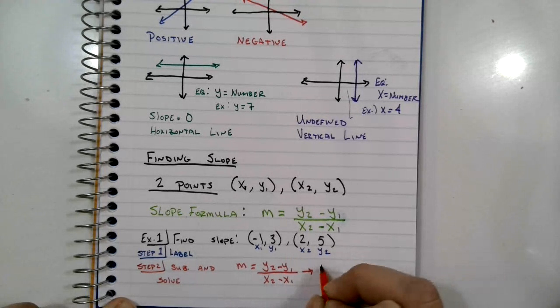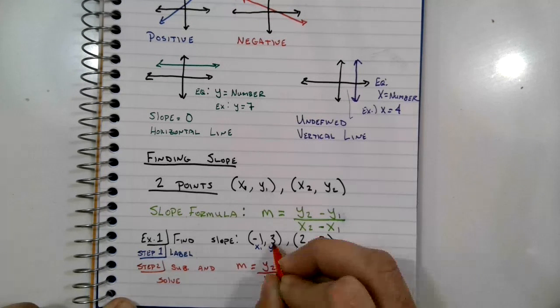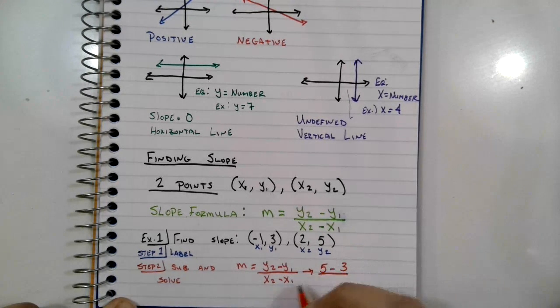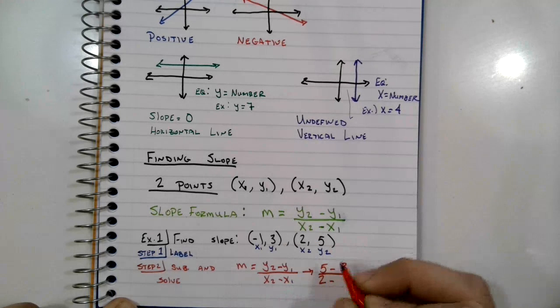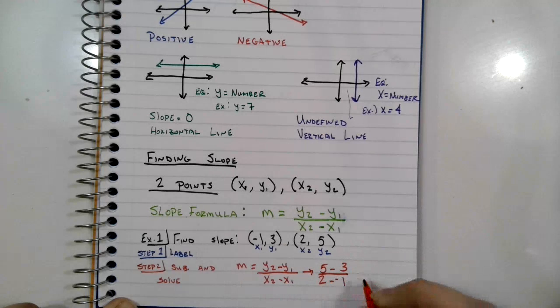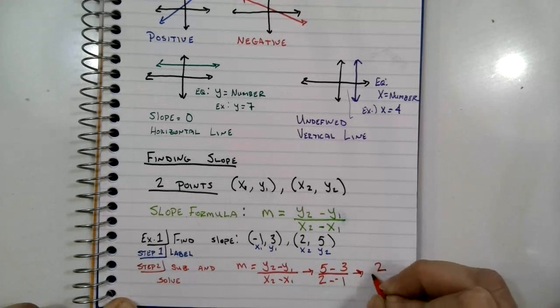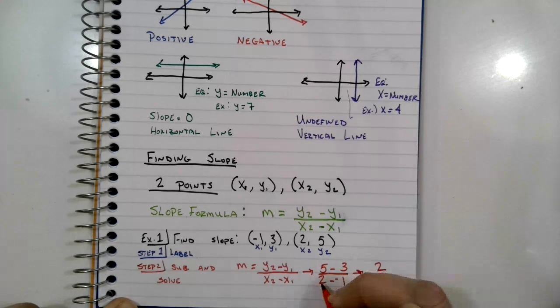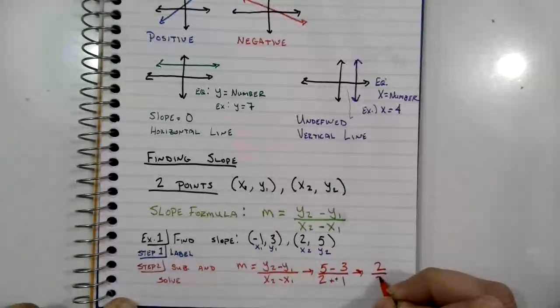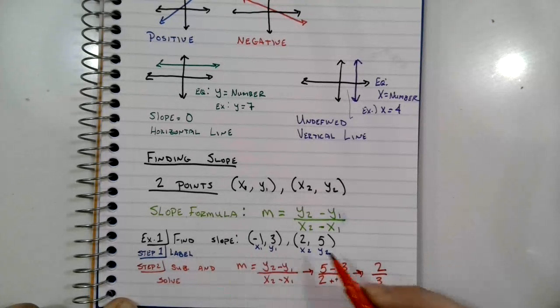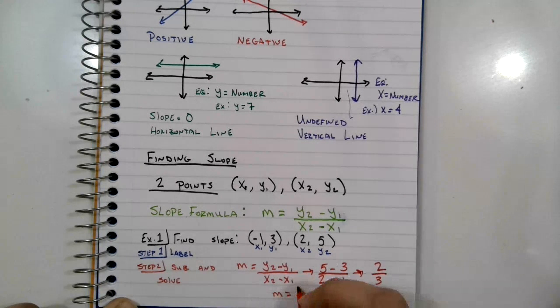Y2 is 5 minus y1, which is 3, over x2, which is 2, minus x1, which is -1. 5 minus 3 is 2. 2 minus -1. These two negatives cancel each other to make a positive. So then 2 plus 1 is 3. Therefore, the slope of the line that these 2 points are on is going to equal 2/3.